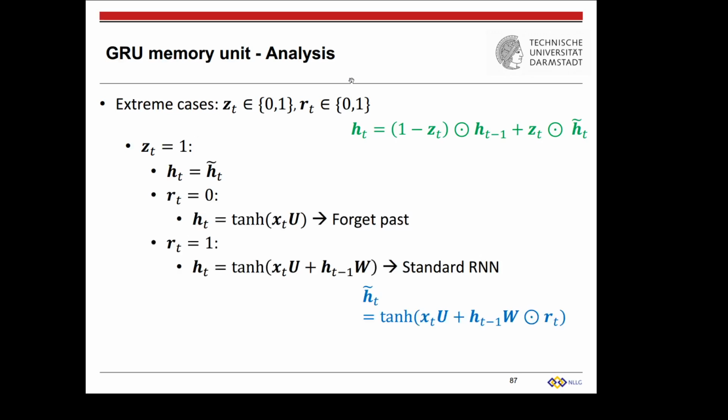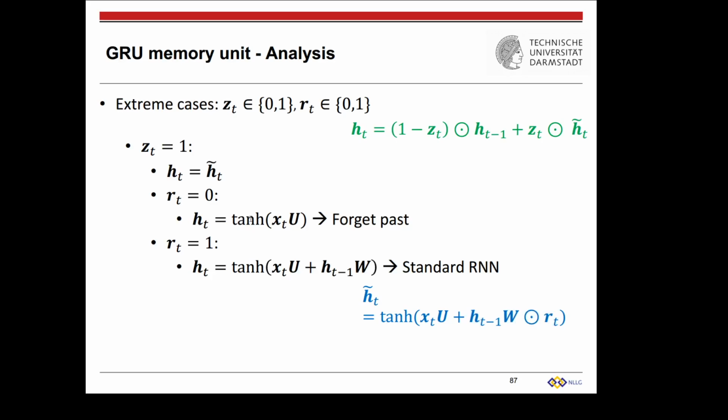So we look at r_t, our reset gate. If r_t is 0, then what happens? Here's the equation for h_t tilde. If r_t is 0, then this term down here cancels. So we just get x_t times U, with tanh applied on top of that.